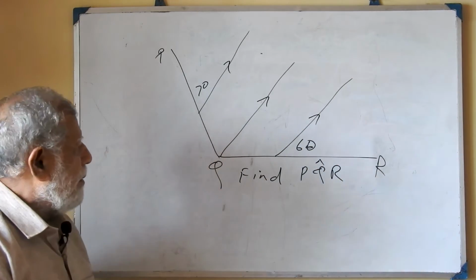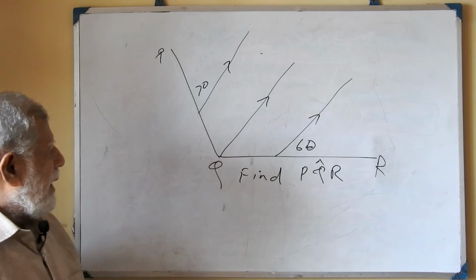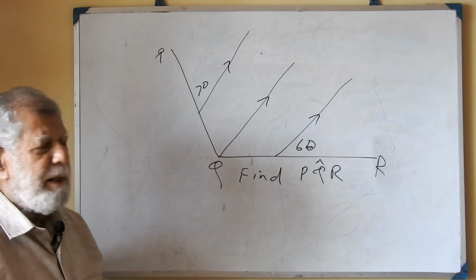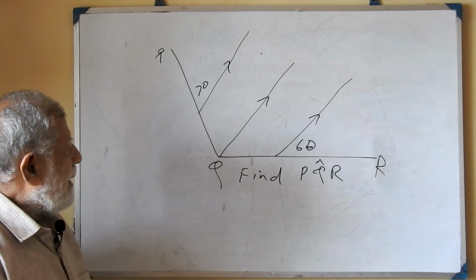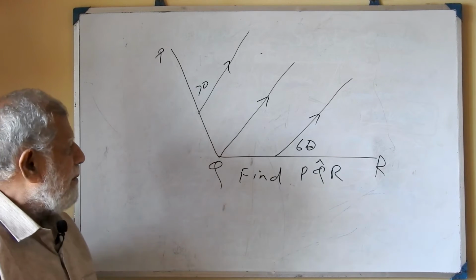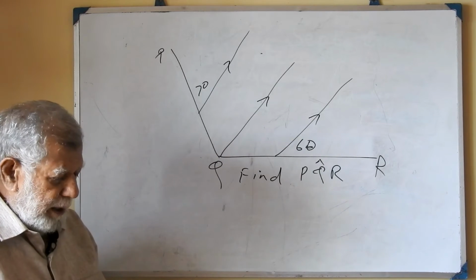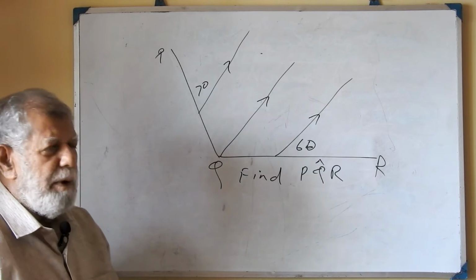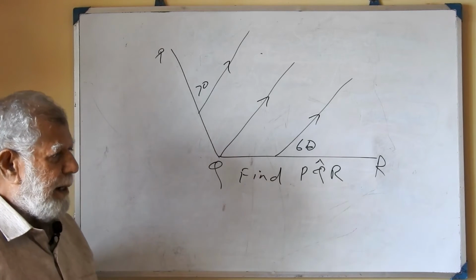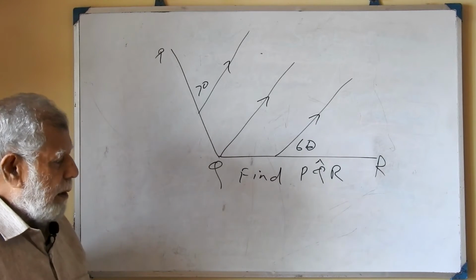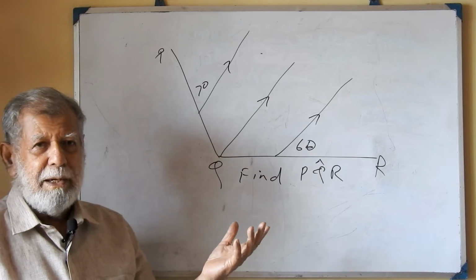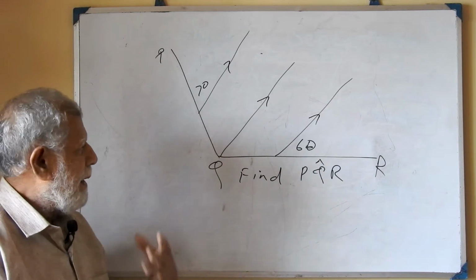When you look at it like this, it looks confusing, but if you go deep into it, you'll be able to find the solution. First of all, with parallel lines, as I told you before, you'll come across alternate angles, corresponding angles, and allied angles. For alternate angles, we need the letter Z or N.